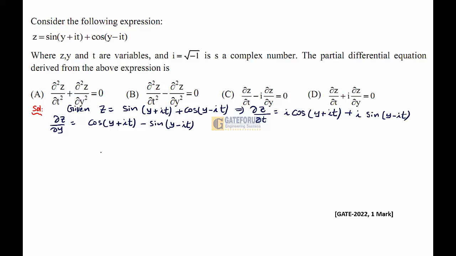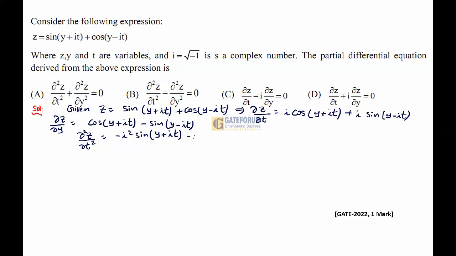Let us try second order partial derivatives. Now dou square z by dou t square. For this dou z by dou t, differentiate partially with respect to t, automatically y constant. So one more i multiplying, but cos derivative is minus sine. So minus i square sine (y plus it), sine derivative is cos, but here minus it derivative is minus i.